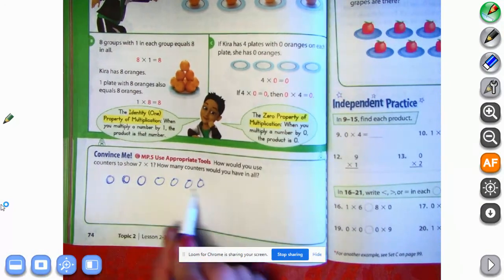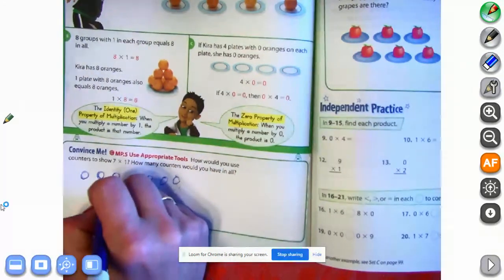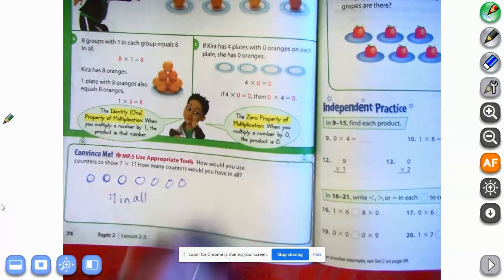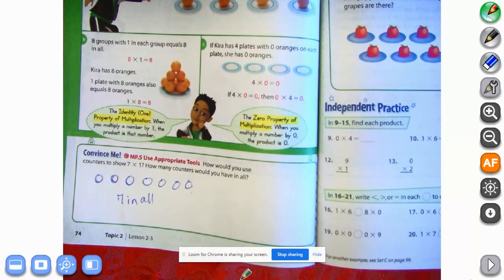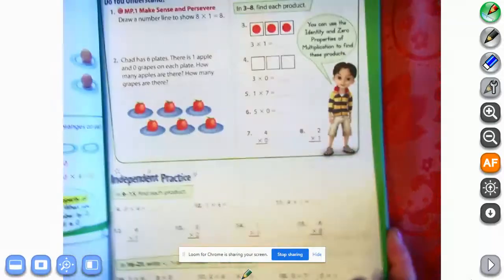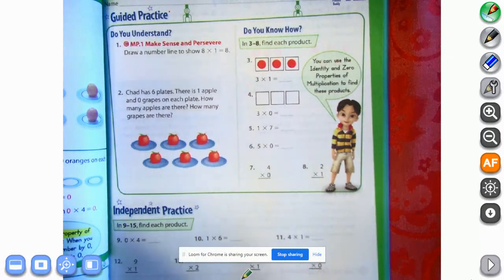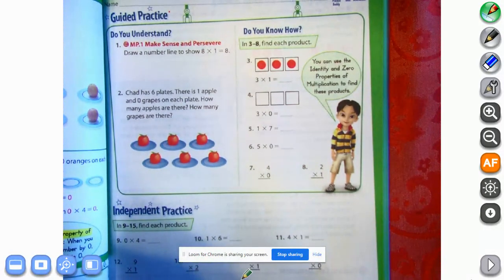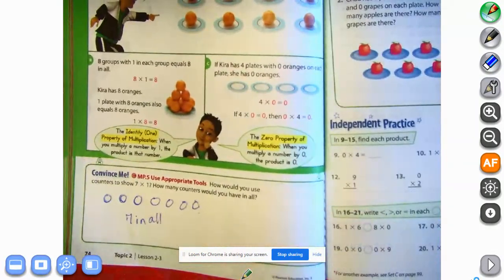There are 7 individual ones, so you would have 7 in all, because any number times 1 is going to be that number. All right, so this lesson, for most of it, should go pretty quickly today, because the identity property of multiplication and the 0 property of multiplication are 2 of the easiest ones to learn.